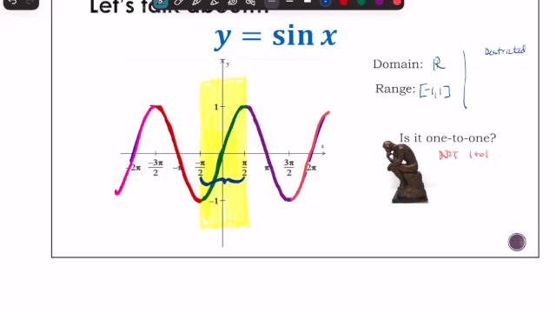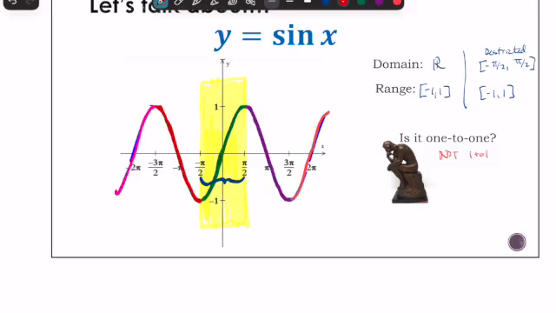The restricted version would be negative pi over 2 to pi over 2 and -1 to 1. Now, the reason we look at just this part, like I was saying, is it's centered about the origin. That's where we're gonna look.